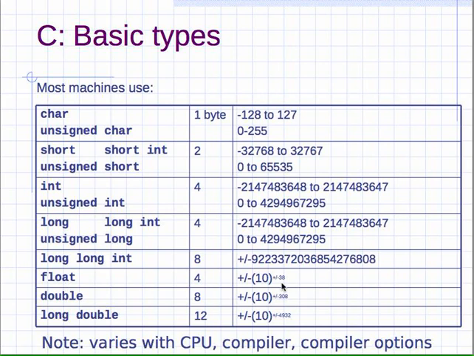The largest negative number will be negative 10 to the power minus 38, and the smallest negative number, that is, the most negative number, will be negative 10 to the power positive 38. I hope that didn't confuse you, but go over that and it'll make sense.